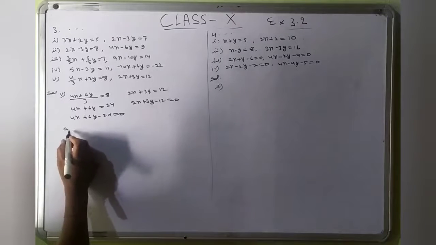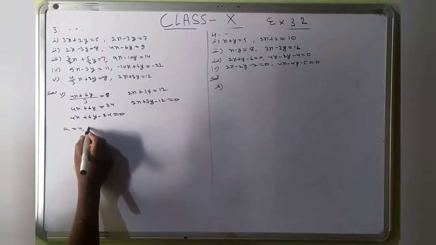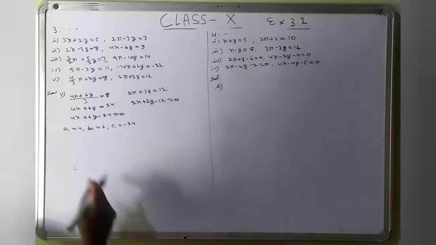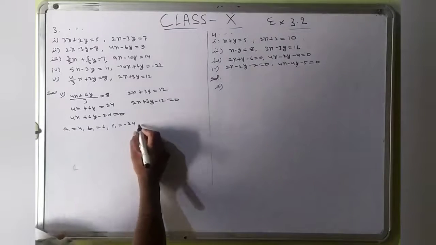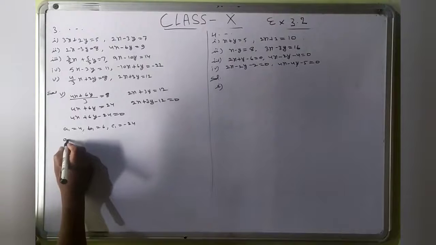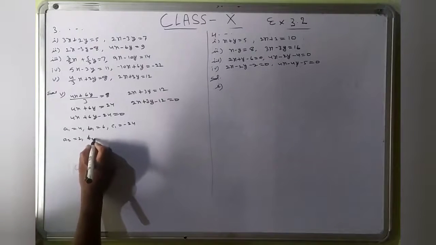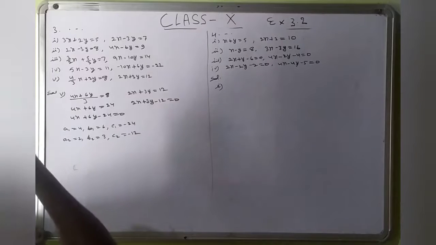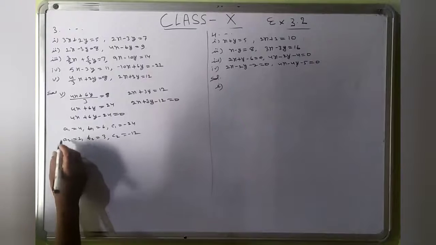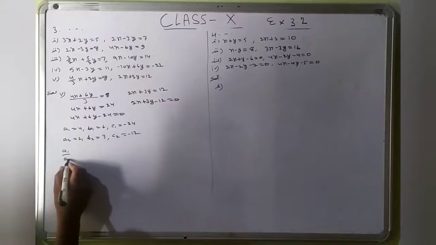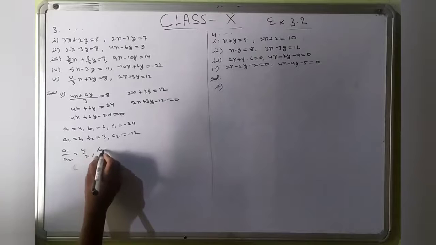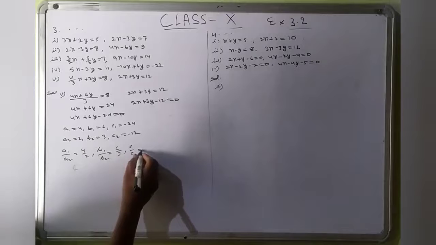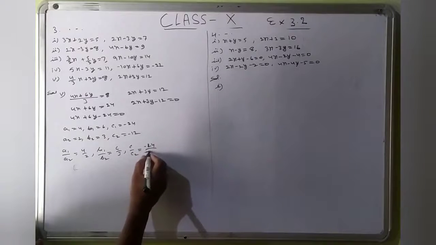Now a1 is equal to 4, b1 is equal to 6, c1 is equal to minus 24 from the first equation. And then a2 is equal to 2, b2 is equal to 3, c2 is equal to minus 12. Now a1 upon a2 is equal to 4 upon 2, b1 upon b2 is equal to 6 upon 3, c1 upon c2 is equal to minus 24 upon minus 12.